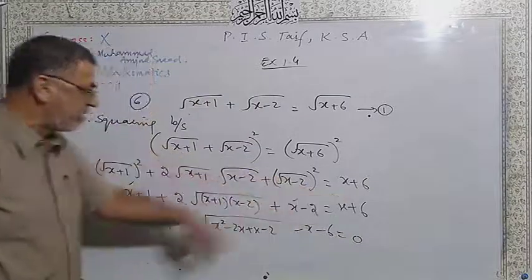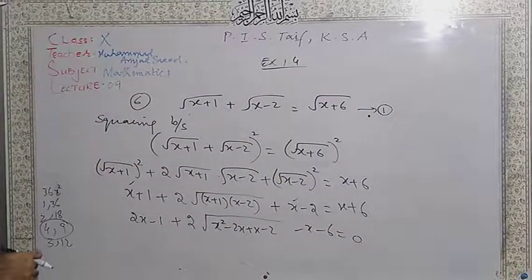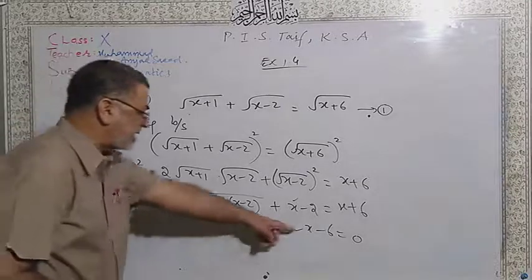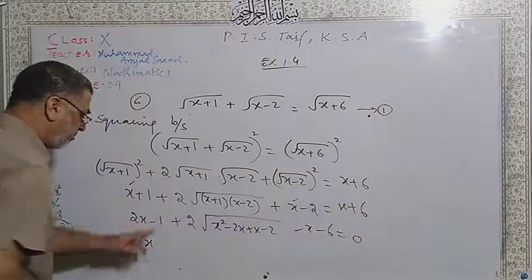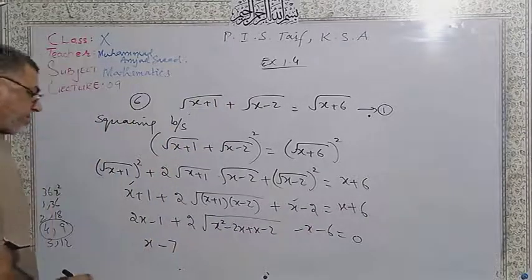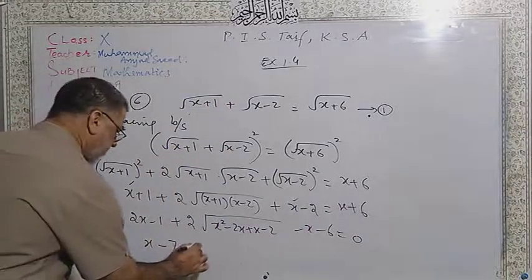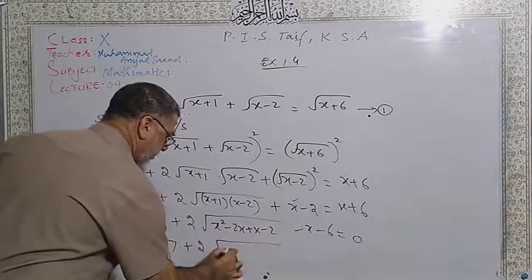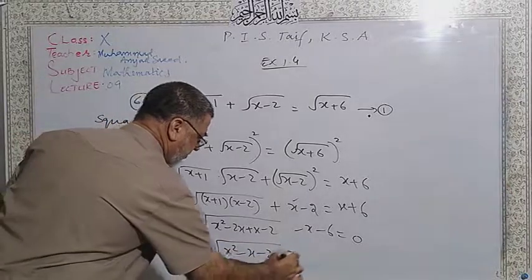Bring this x plus 6 on the left hand side also. Here you can see 2x minus x is x, minus 1 minus 6 is minus 7, plus 2√(x² − x − 2) is equal to 0.